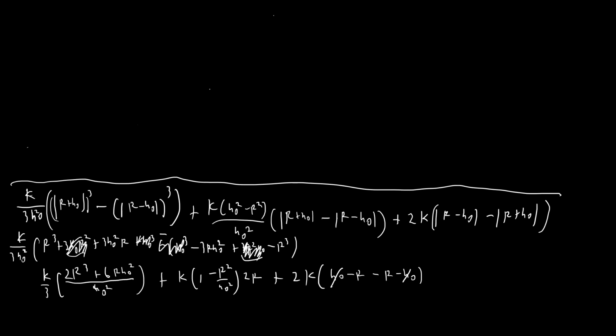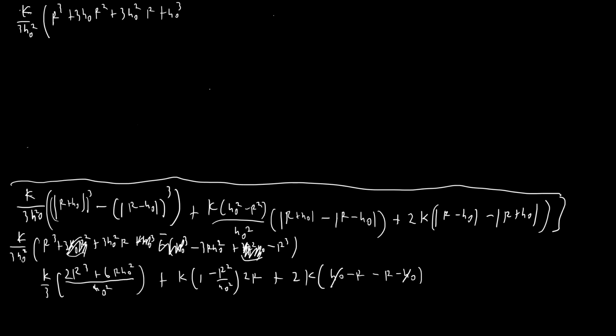Alright, so now when h0 is less than R, we're going to end up with something a little bit different. So we're going to have our first term, k over 3 h0 squared. This first one's going to remain the same because it's still positive. Now this one, since h0 is less than R, the absolute value is just going to stay the same.